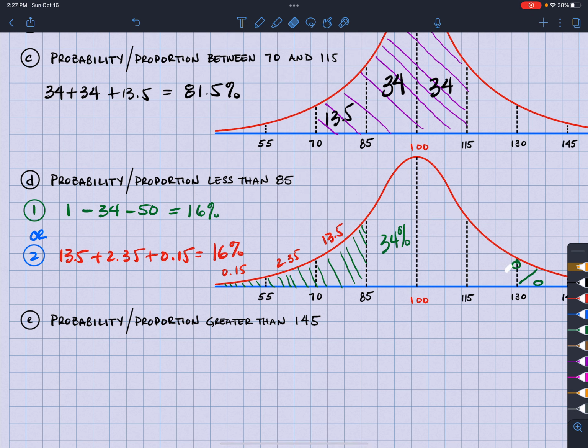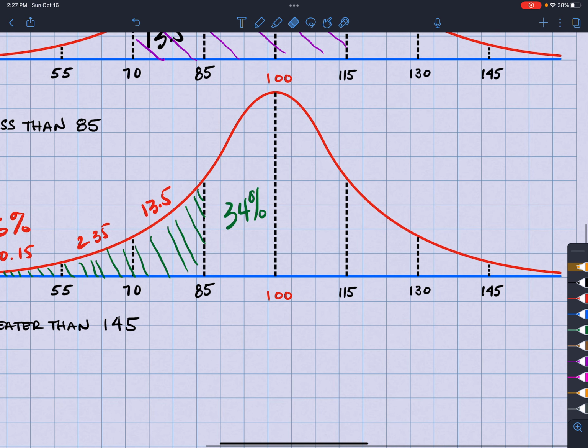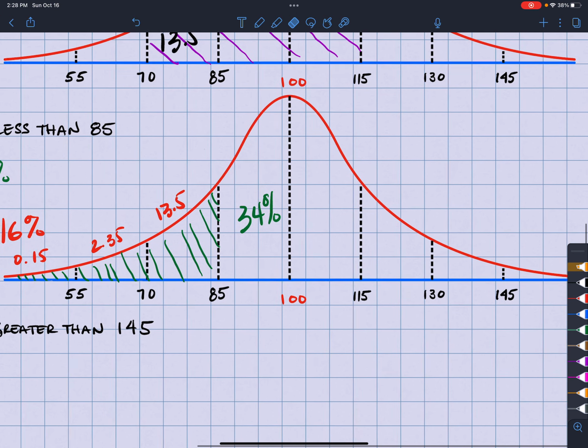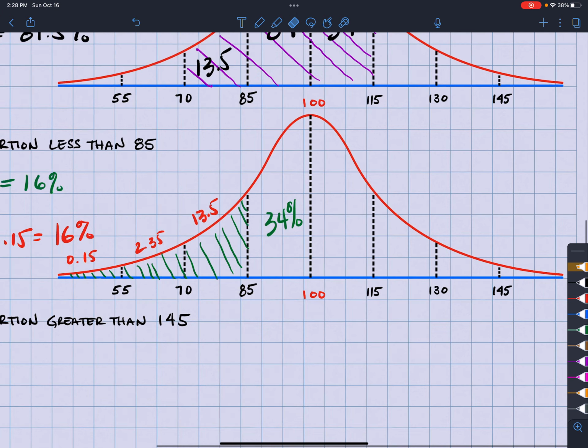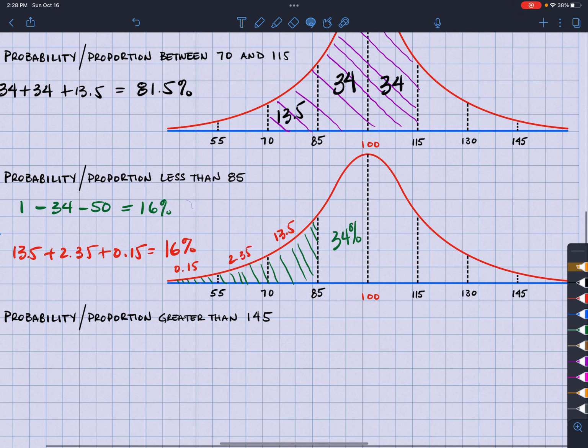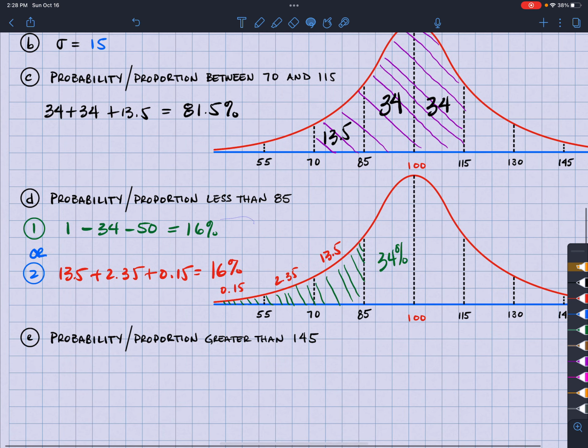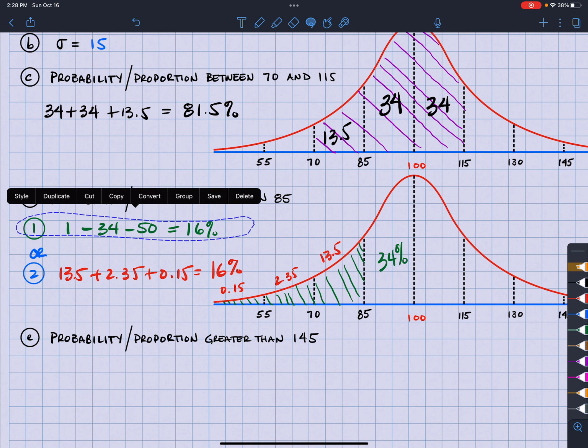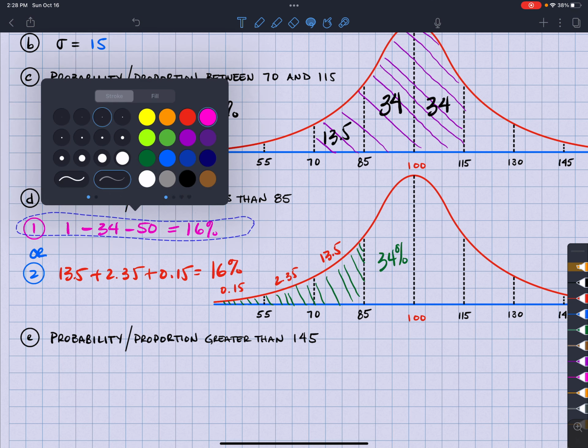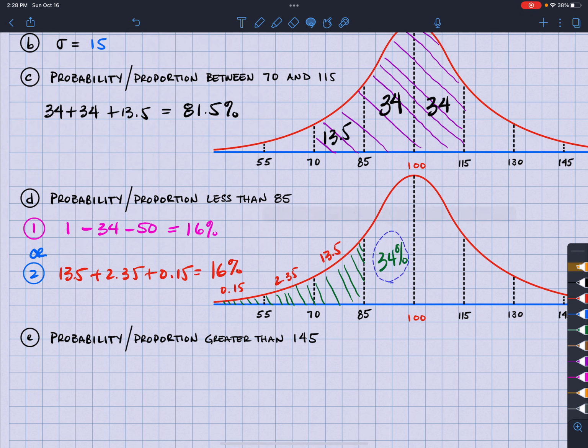So let me see if I can write this even better. I did write that in green. The problem is that is in green. So let's draw this in pink. There we go.